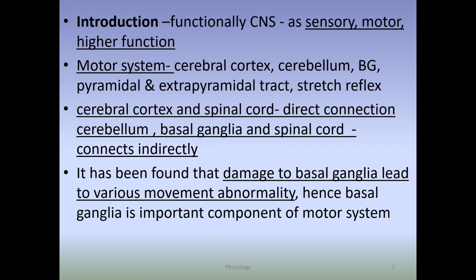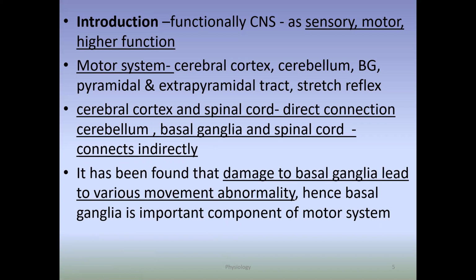Functionally, the central nervous system can be classified as sensory, motor, and higher functions. Out of that, the motor system or motor function is mainly done by the cerebral cortex, cerebellum, and basal ganglia, with the help of pyramidal and extrapyramidal tracts and stretch reflex. The cerebral cortex has a direct connection to the spinal cord with the help of the corticospinal tract, while basal ganglia and spinal cord connect indirectly.